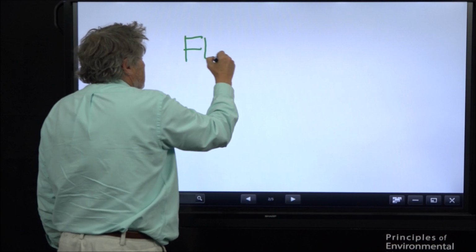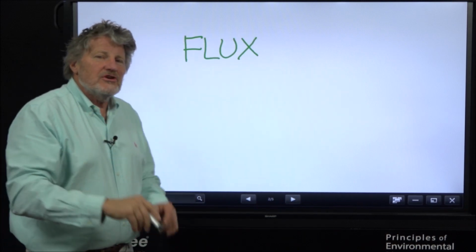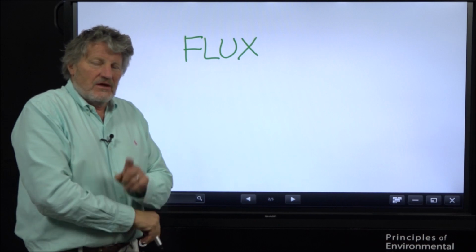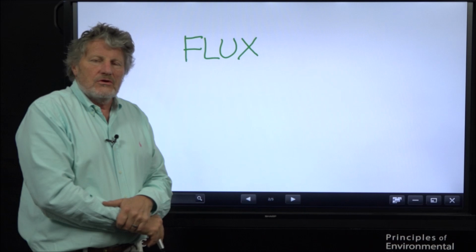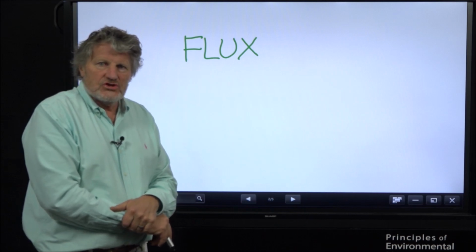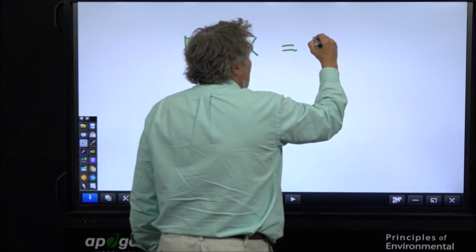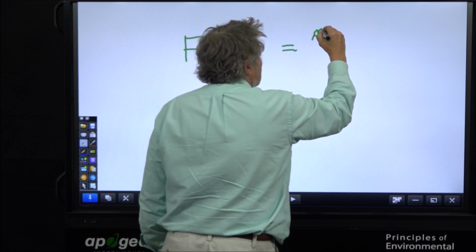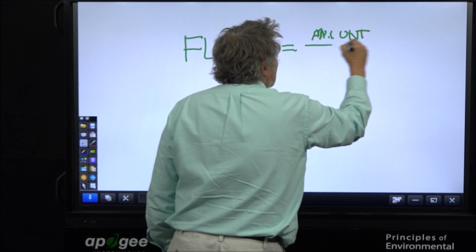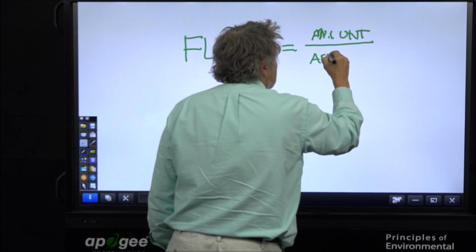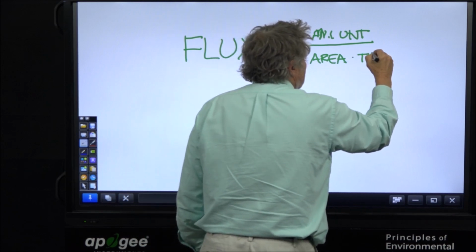If you look up on the internet the word flux, what's the definition of a flux? If you type it in, do a Google search, you come to the Wikipedia page, and it says flux equals an amount per area per time.